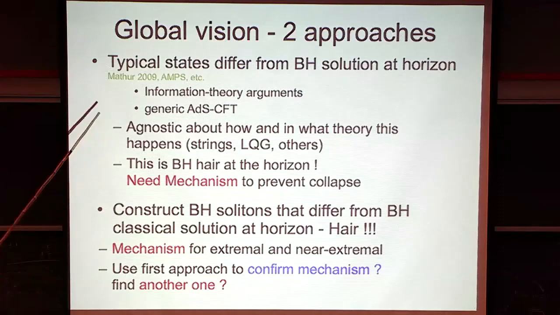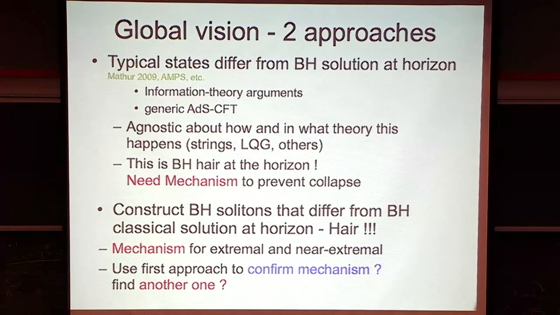And in this approach, which is just information theory arguments, one can be agnostic of what's the underlying theory. AdS/CFT can be a generic feature. All conformal theories which have some operators of some dimensions could be mimicked by some AdS background. So AdS/CFT may be just a way to rewrite conformal field theories in some smart way. And one can be agnostic about where this happens, in what theory this happens.